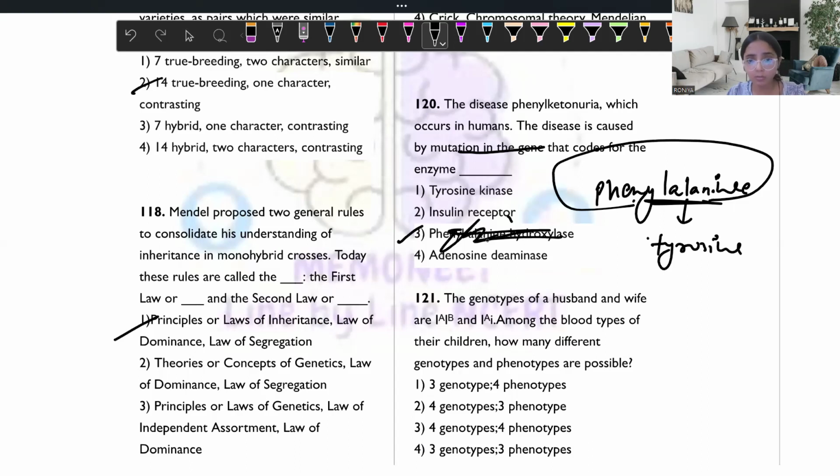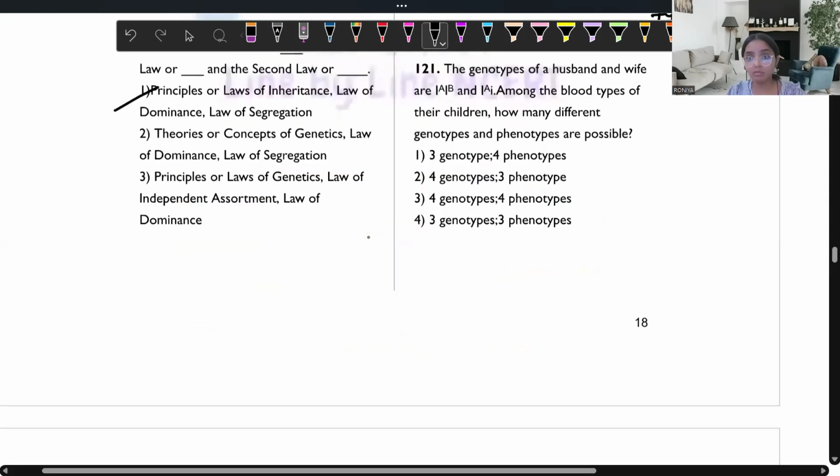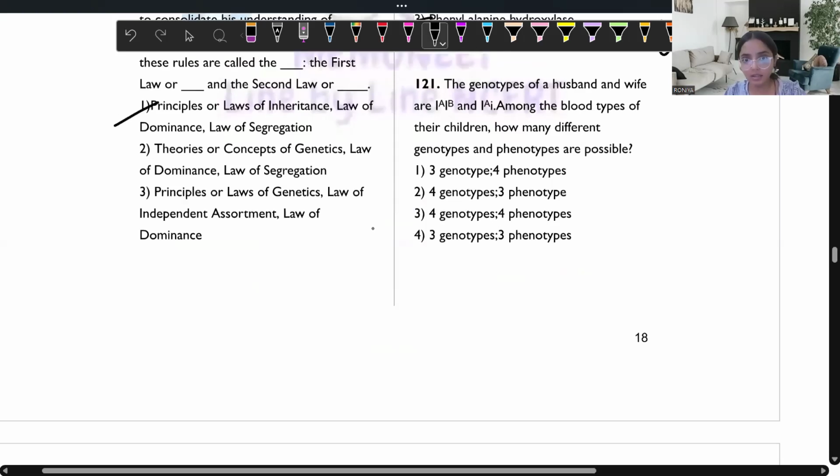Very simple question. So the answer to question 120 is the third option.